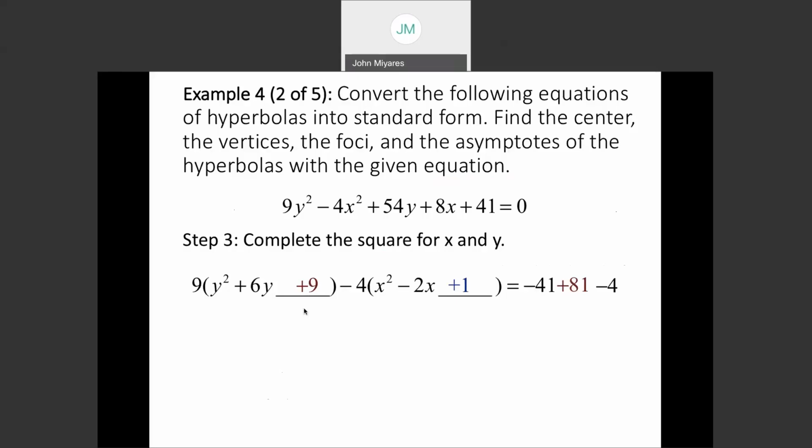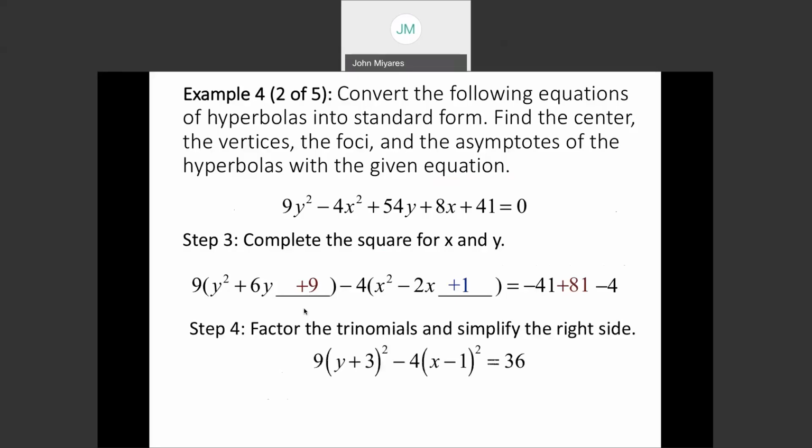So on the right-hand side, we're going to subtract 4 times 1, or just subtract 4. Now, factoring each piece and simplifying the right-hand side, we have here 9 times the quantity y plus 3 squared minus 4 times the quantity x minus 1 squared equals 36.